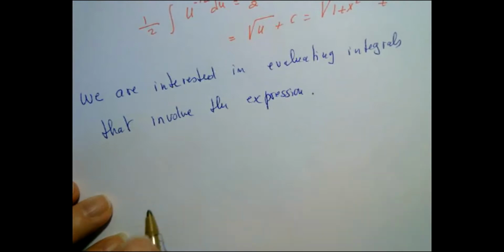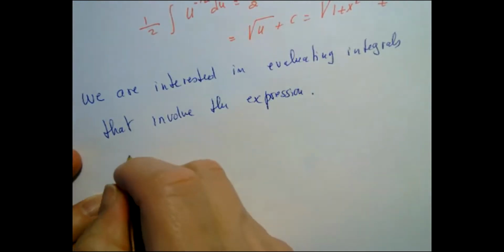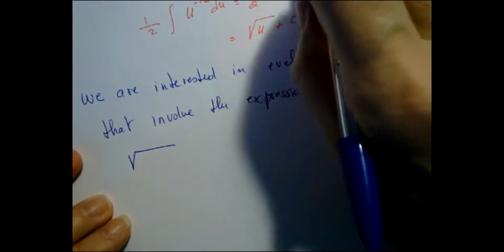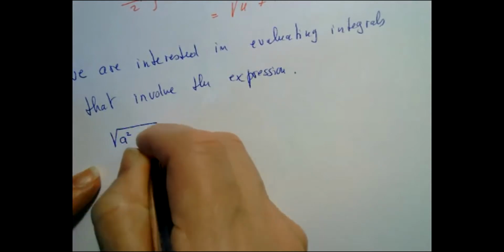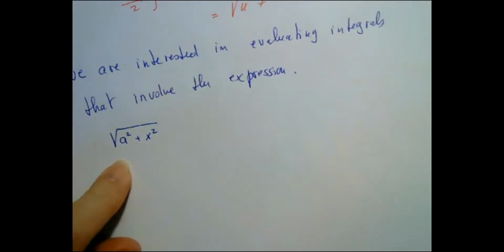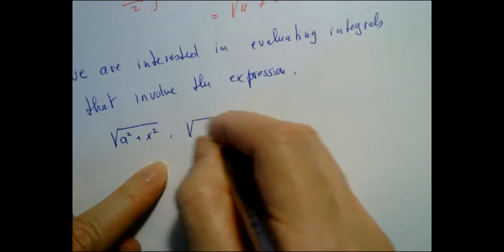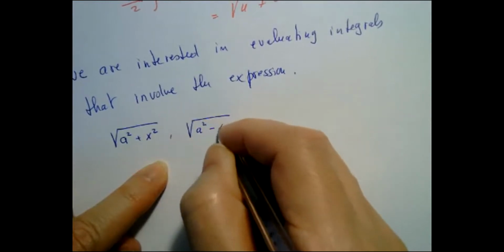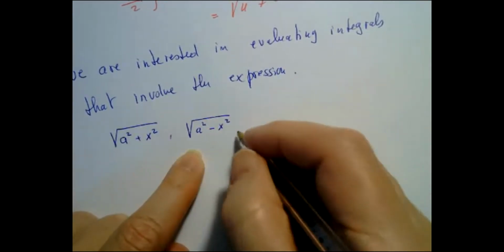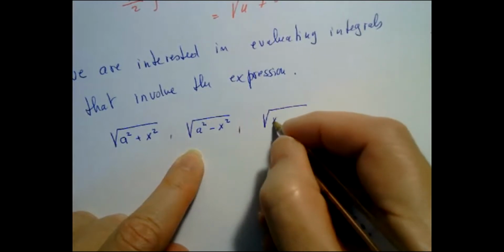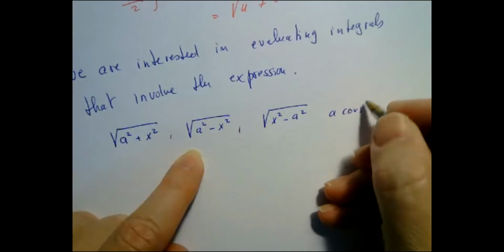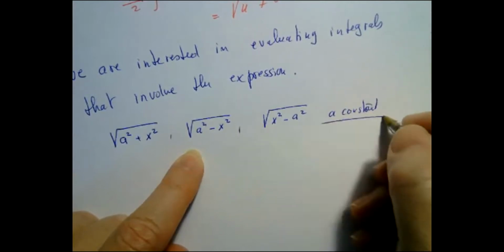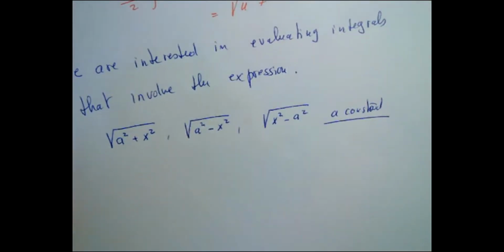Expressions like 1 plus x squared, but we will do it in its more general case: a squared plus x squared, where a is a constant, or a squared minus x squared, a is a constant as well, or x squared minus a squared, a is a constant. Okay, so this is the type of integral we are interested in.